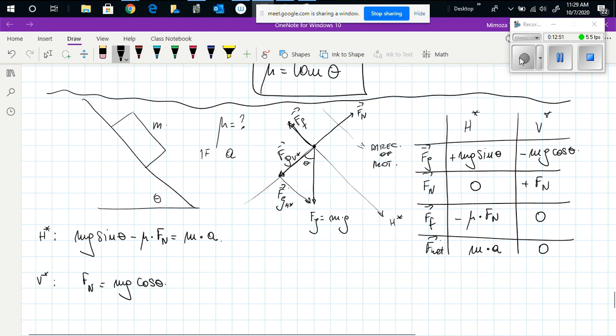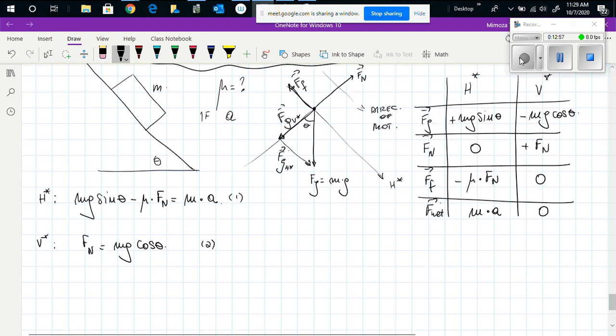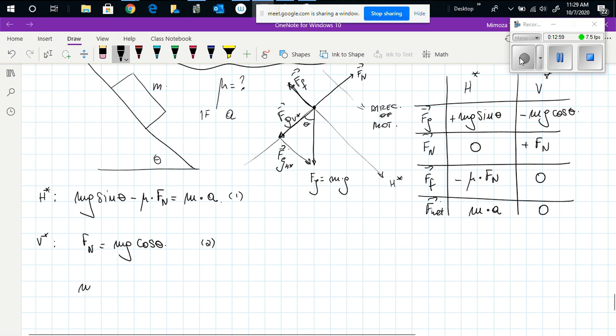Let's substitute this in the first equation. And then we will have mg sine theta minus mu times mg cosine theta is equal to mass times acceleration.